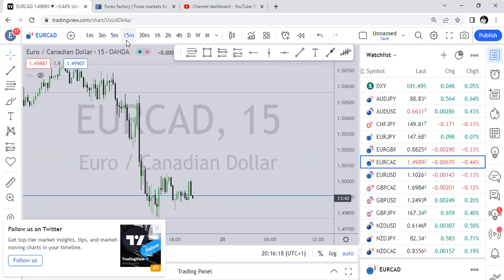So for us to do a very good job as detectives, we should be able to have an overall view of what is happening in the market. And for us to do that, we need to look at the market from the top, from the highest, to get an overall view of what is happening.